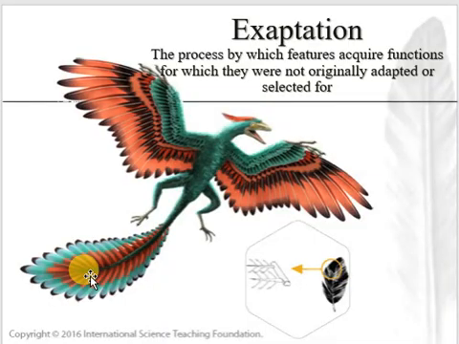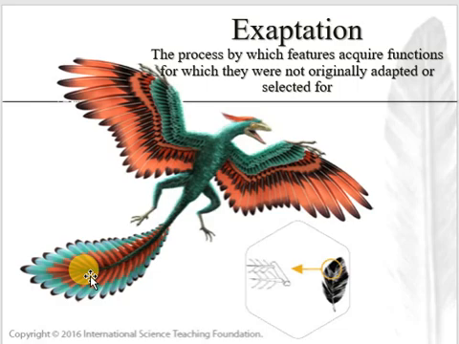So to finish up, when we talk about adaptations, there are some adaptive structures that are examples of exaptation. That's when you have certain features or traits acquiring different functions that they originally weren't adapted for, right?